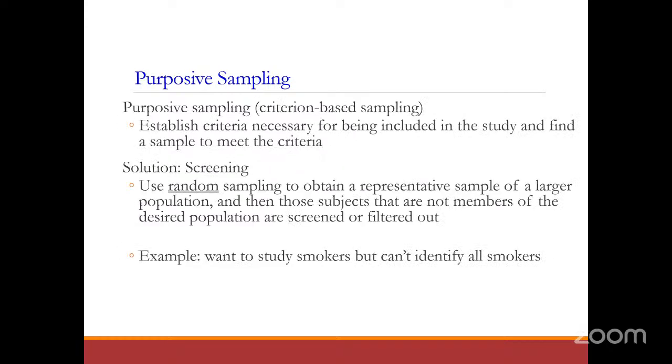This is purposive sampling, a similar kind of sampling. It depends on the objective or purpose of your study. Who can represent your sample, go to them, talk to them, try to convince them and fulfill your purpose. Suppose we want to study smokers. We have many smokers around us, but there are also some criteria we have to follow for whom to include. The solution is called screening.